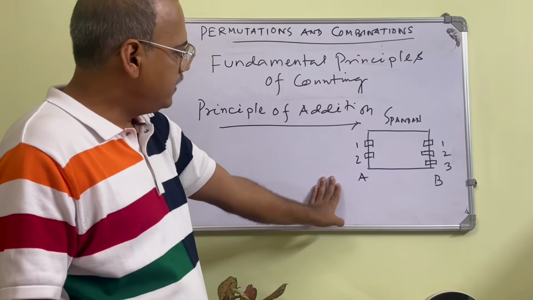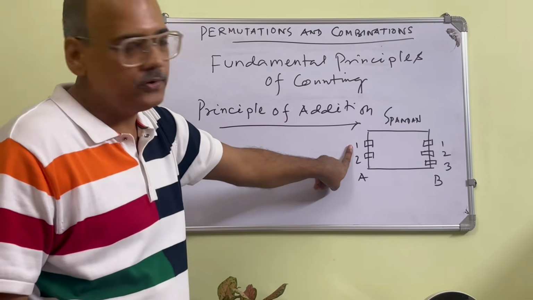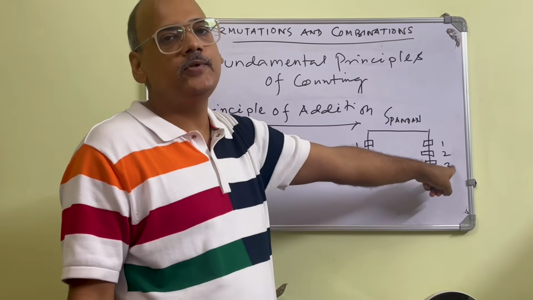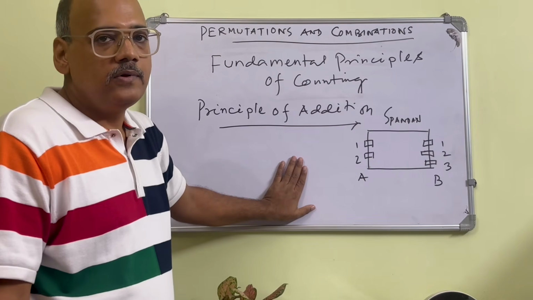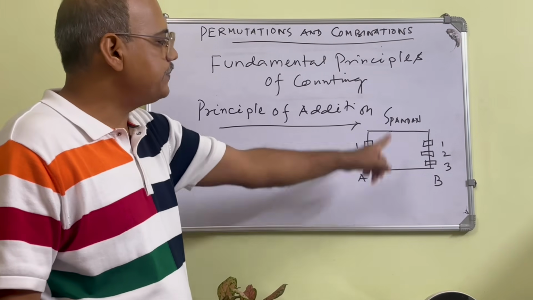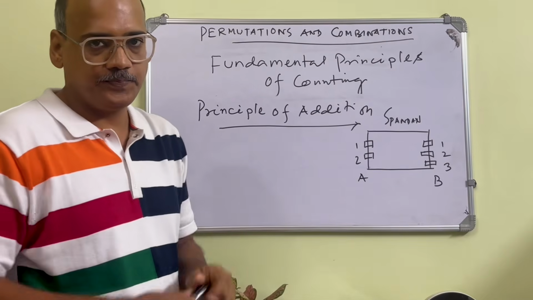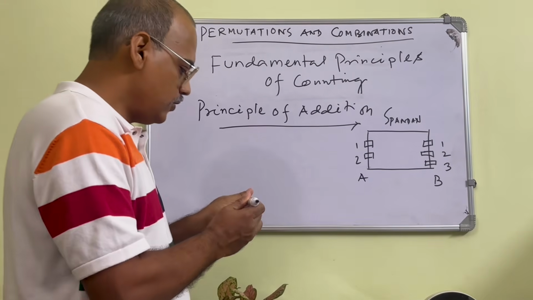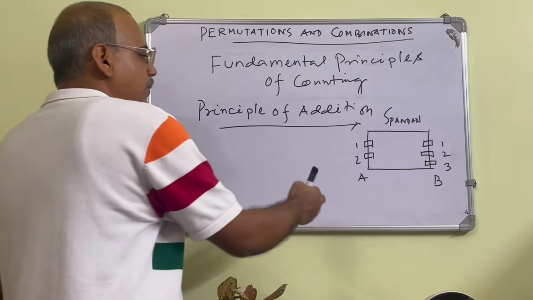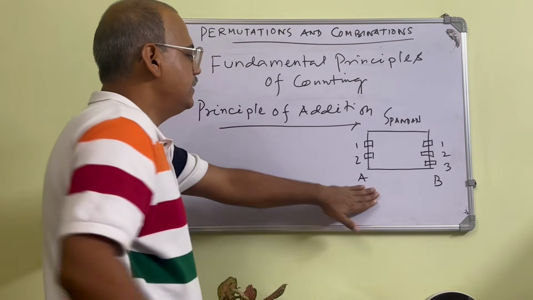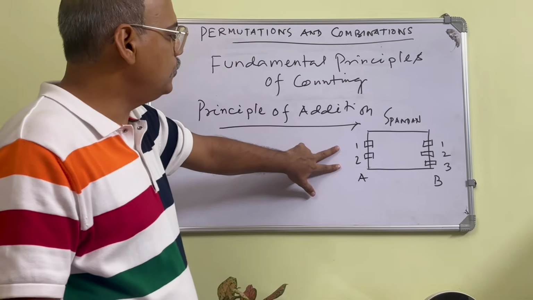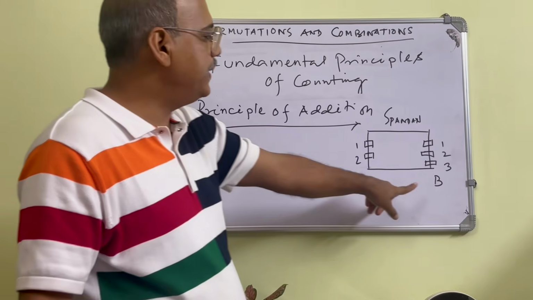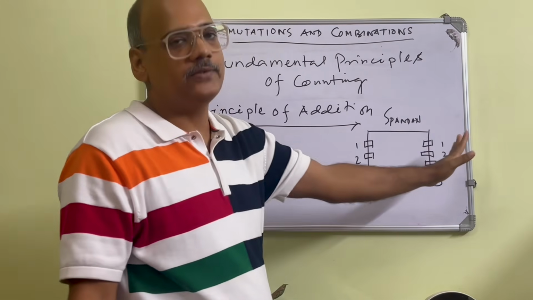On the left hand side there are 2 doors and on the right hand side there are 3 doors. So now the question is how many different ways Spandan can exit the room. So how many events? There are 2 events. Event A, there are 2 doors on the left hand side. Event B, there are 3 doors on the right hand side.